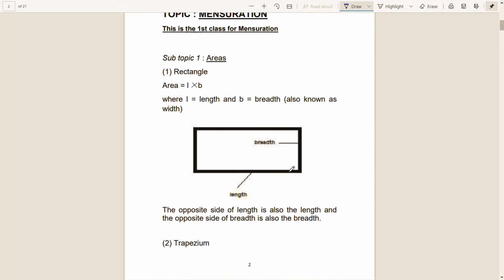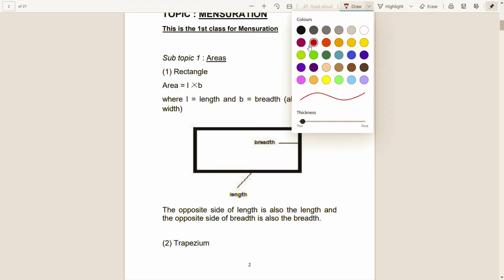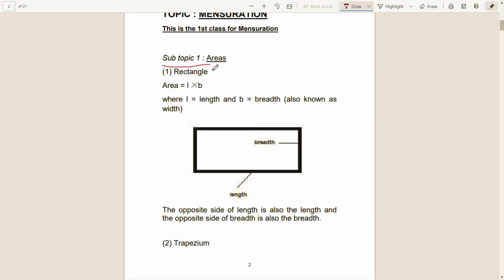The first subtopic that we are going to study is areas of various shapes. First of all, we'll study the area of a rectangle. You're familiar with the shape of a rectangle?